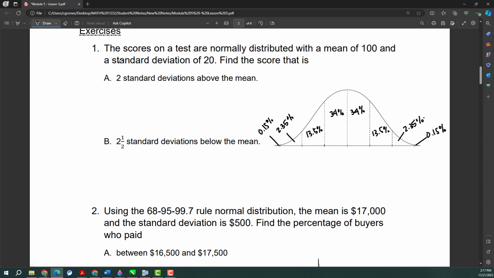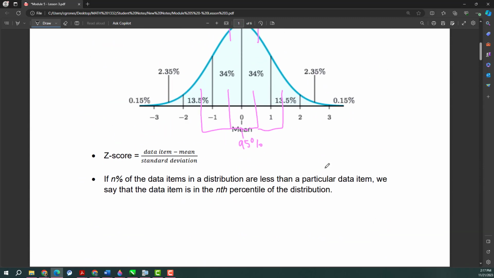And it says we have a mean of 100 and a standard deviation of 20. So our mean is always going to be in the middle. That very middle line is going to be the mean. Here we have the mean of 100. And then the standard deviation is 20. So up here it has just the numbers 0, 1, 2, 3, and then -1, -2, -3.